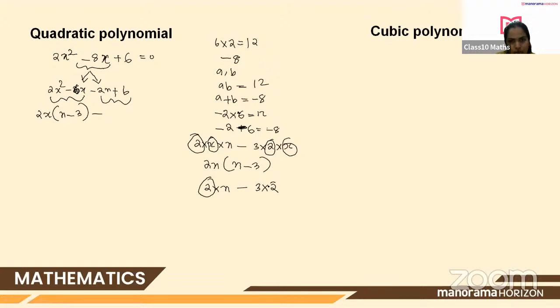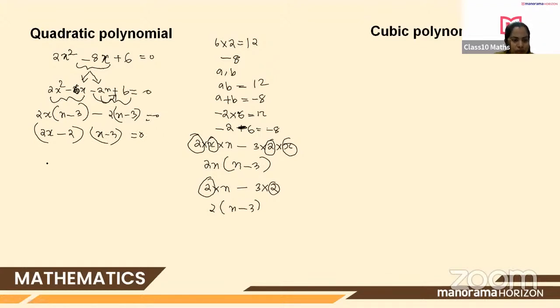And you can take 2 as common, 2 into x minus 3. Okay, so what are the factors? 2x minus 2 and x minus 3 is equal to 0.